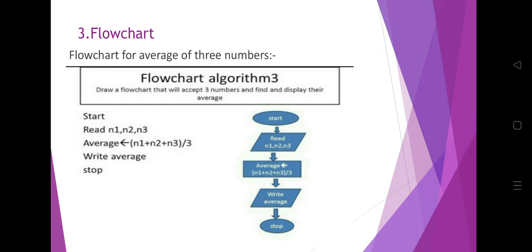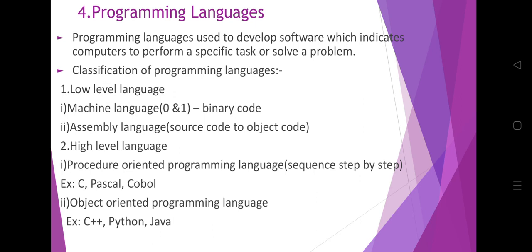Next we are going to see programming languages and their classification. Programming languages are used to develop software which instructs computers to perform a specific task or solve a problem.